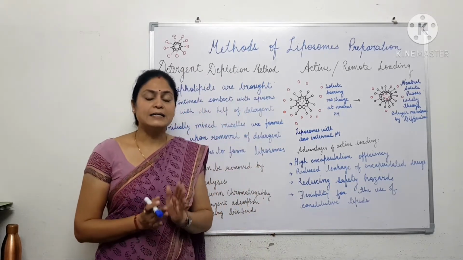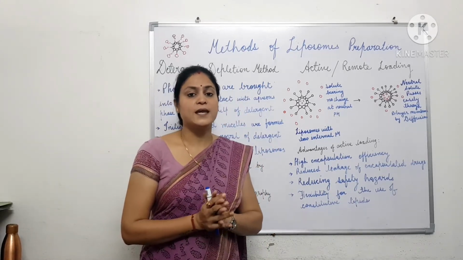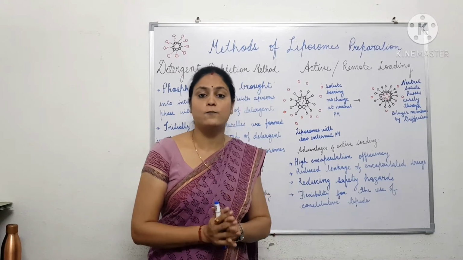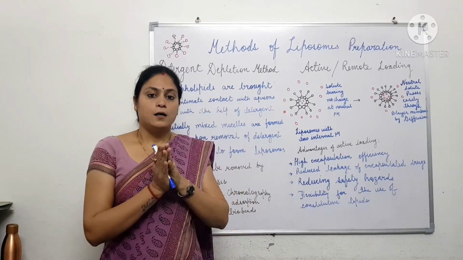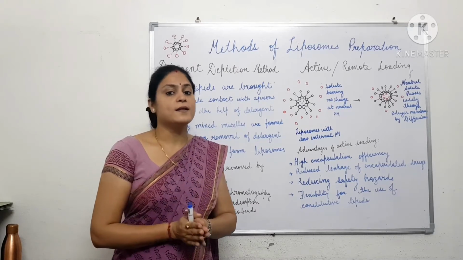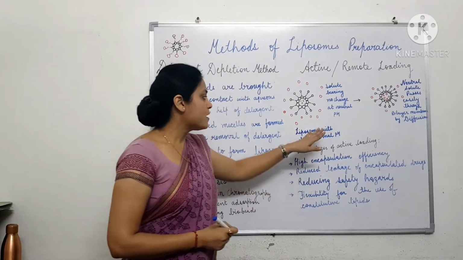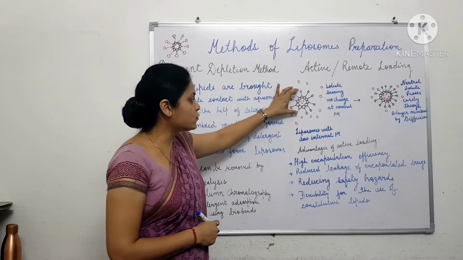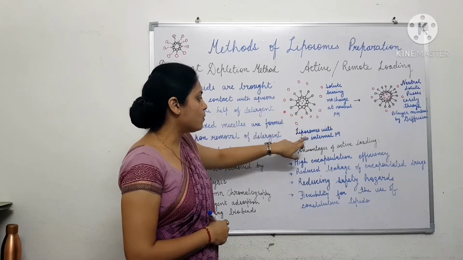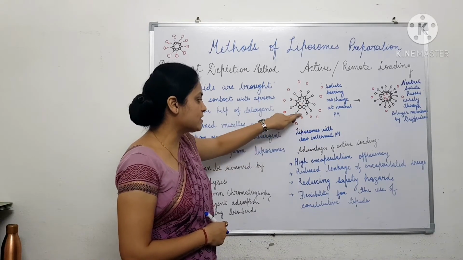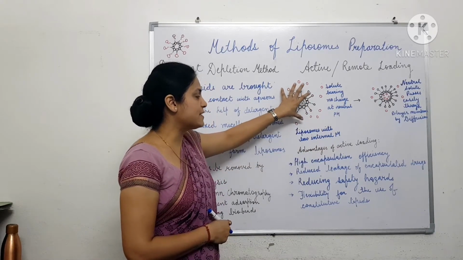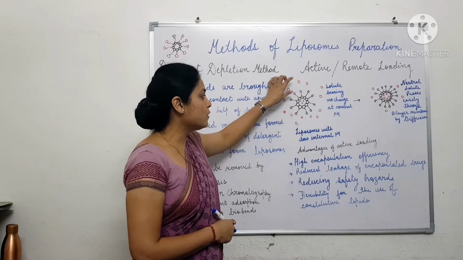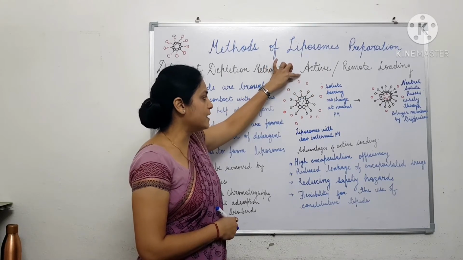Basic drugs that contain amino groups are preferentially hydrophobic at higher pH, and they are in the protonated form at lower pH. So, when the liposome has a low internal pH and basic solutes are added, initially they do not have any charge.